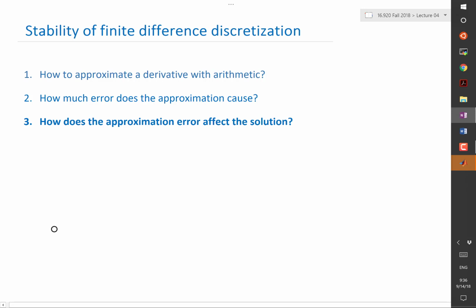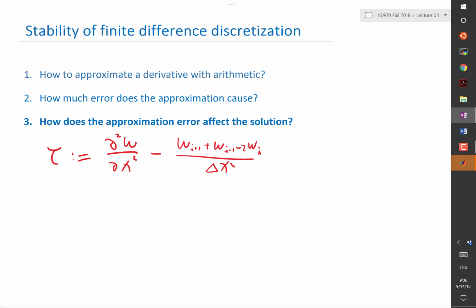The truncation error is defined as the difference between the analytical derivative of a function minus the discrete operator operated on the same function. That's our finite difference operator. The same function, so the w that appears in the derivative is the same w on which you take the discrete values on the grid points and plug into the finite difference operator.